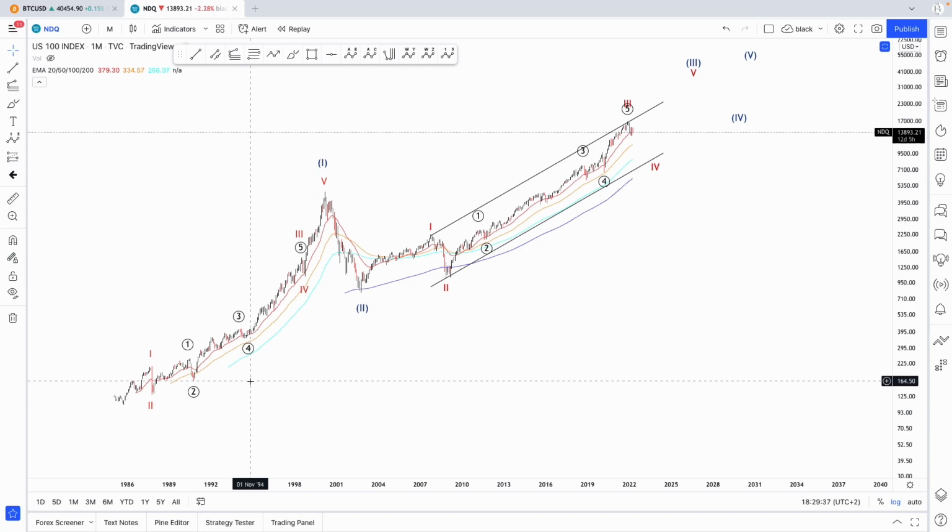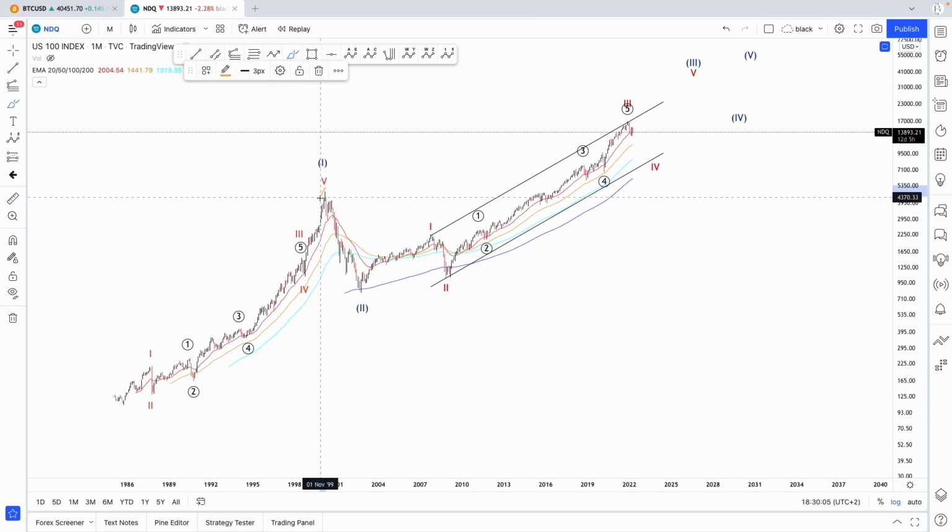I've said it many times, and I'll say even more. If you have an impulse and a correction, obviously you're waiting for another impulse, and you expect a correction of one degree to be similar to the correction of the same degree. What does that mean? Let me show you an example.